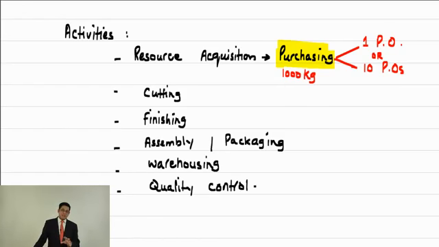My question is this: what do you think? Buying in one purchase order involves a lot of hassle, or buying in 10 purchase orders increases the administrative job? What do you think? I'm waiting for your answers.